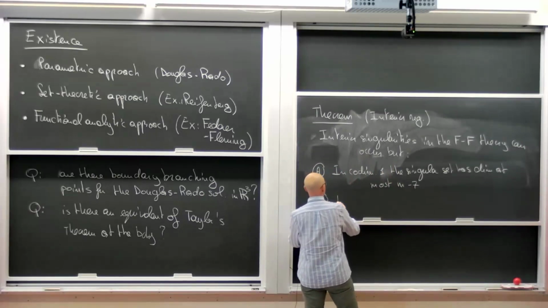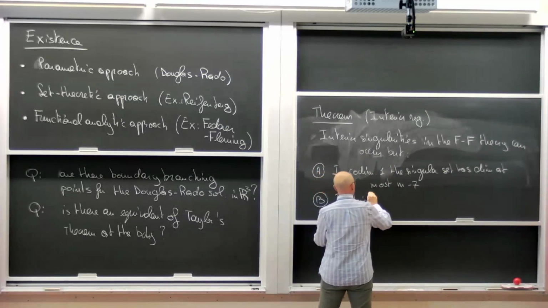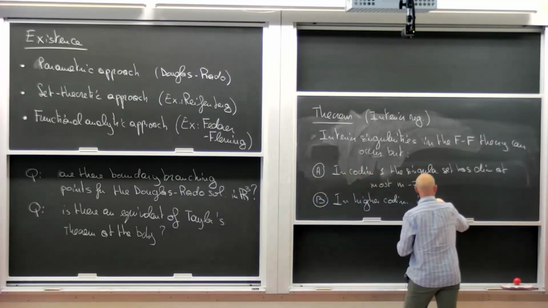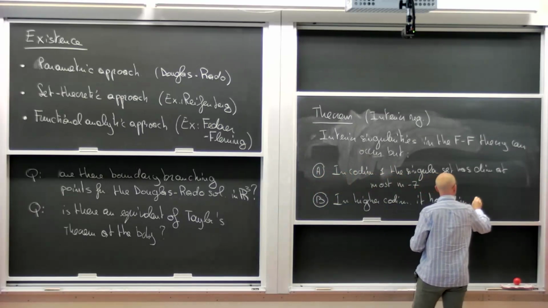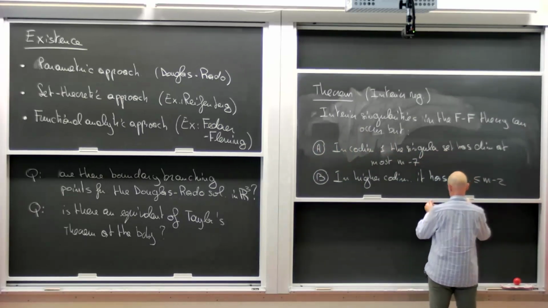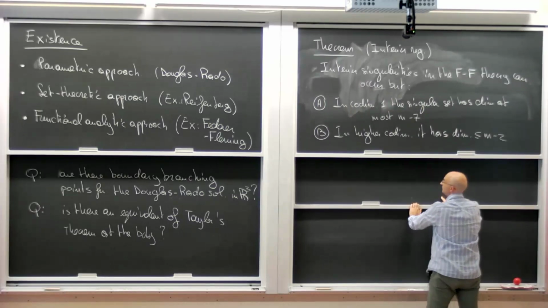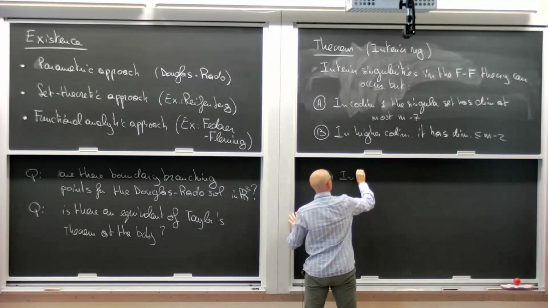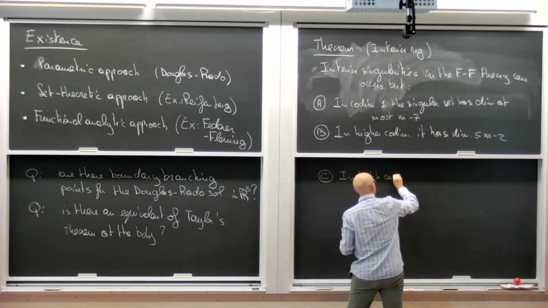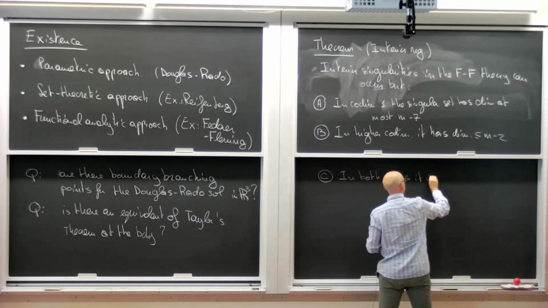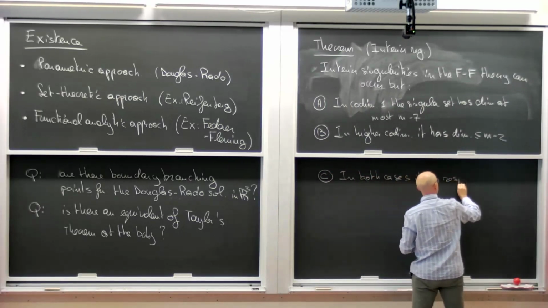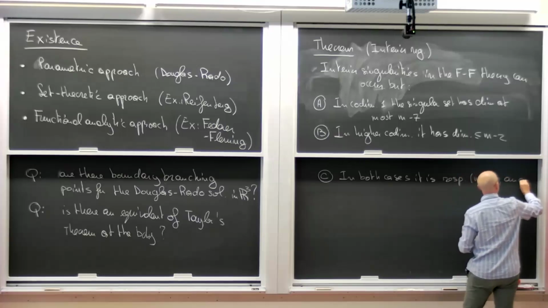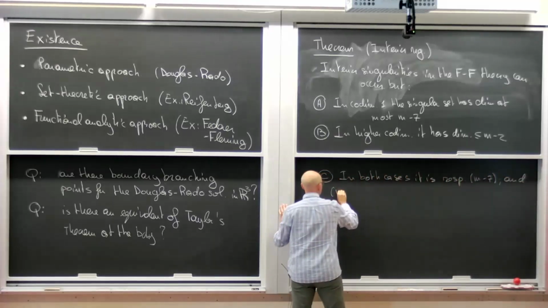In higher codimension, it has dimension at most m-2. And in both cases, it is respectively m-7 and m-2 rectifiable, which means that they're very close to C1.